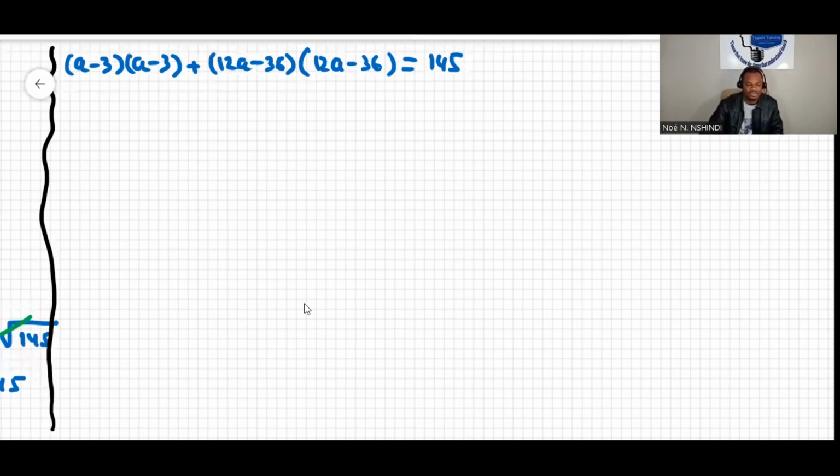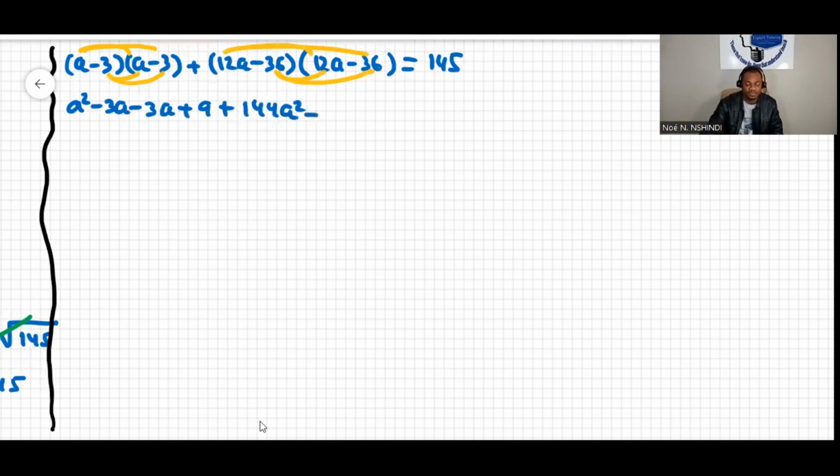So expanding the first bracket, A times A gives A squared, then A times negative 3, negative 3 times A, and negative 3 times negative 3. This will be A squared minus 3A minus 3A plus 9, and then the second bracket gives 144A squared.